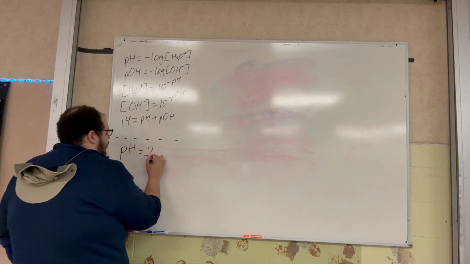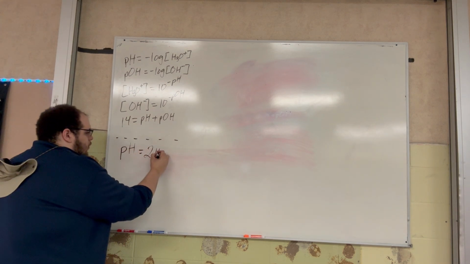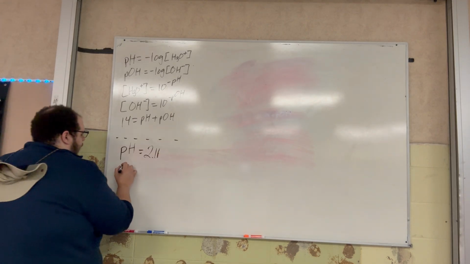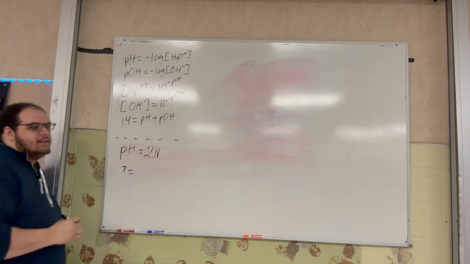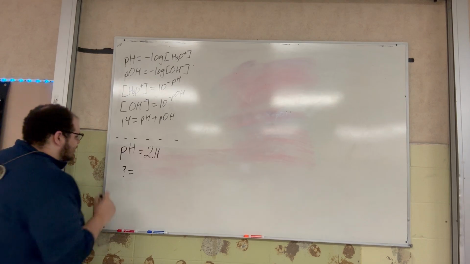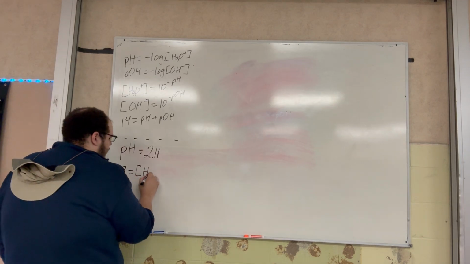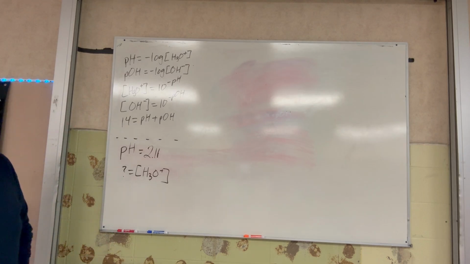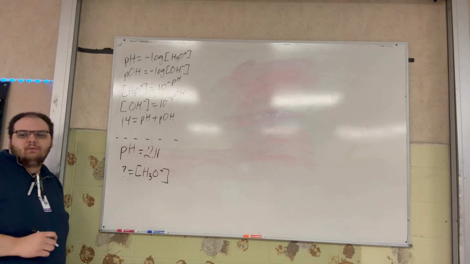What am I solving for? Concentration of HBr in a solution. It didn't necessarily tell me which concentration, so we're going to say concentration of H3O+. On your homework and on your test, I will tell you which one to solve for.